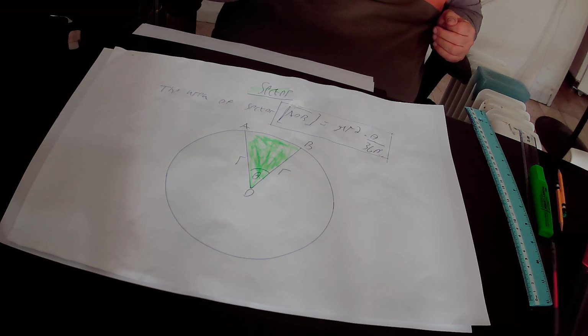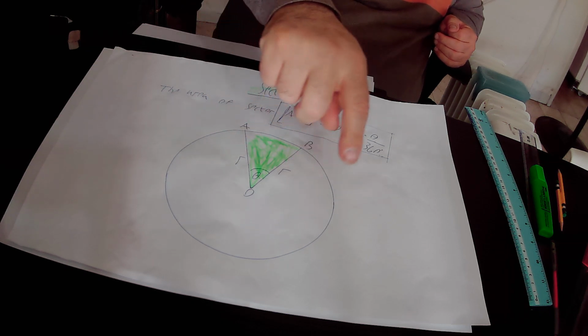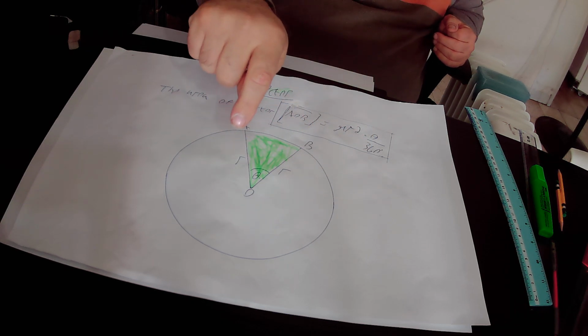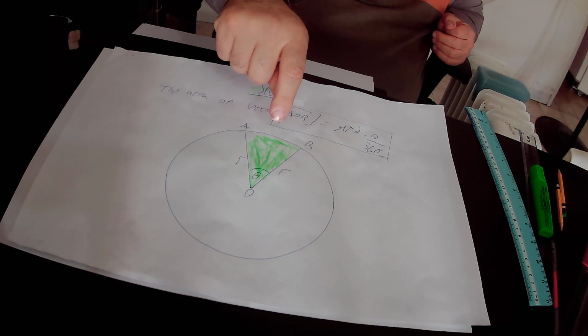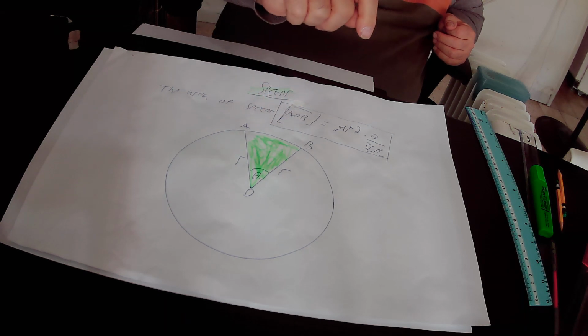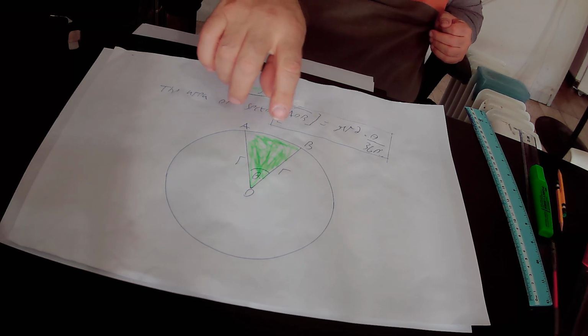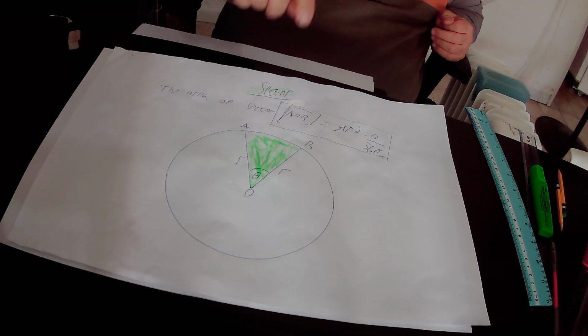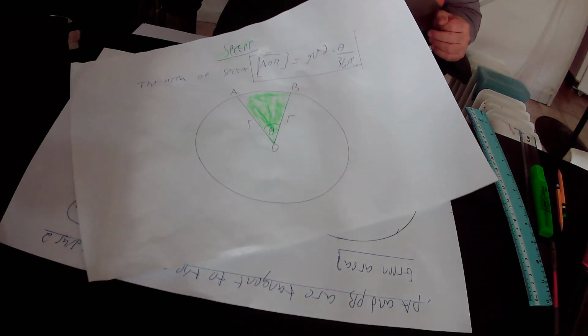I repeat again, the area of this sector AOB equals pi r squared, the area of the circle that contains the sector, times theta, the angle between the legs of the sector, over 360 degrees. In conclusion, the area of this sector AOB is equal to pi r squared times theta over 360 degrees. Okay.